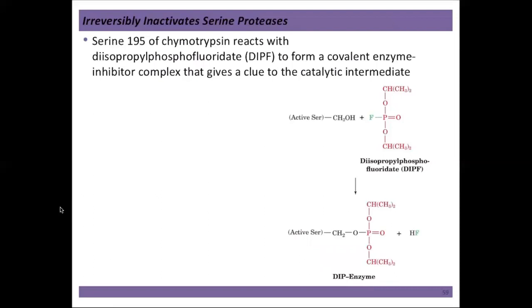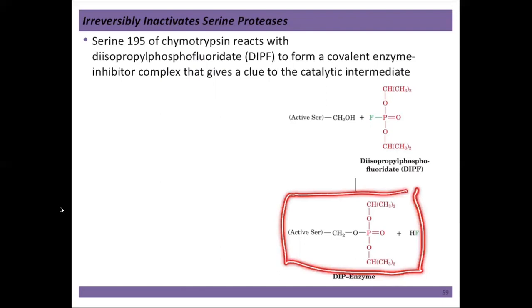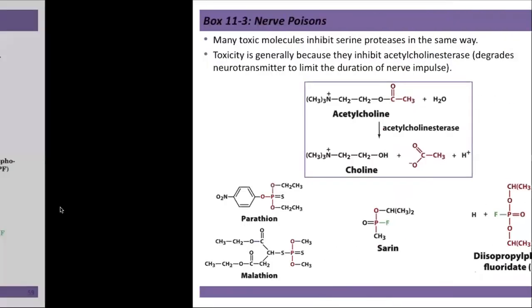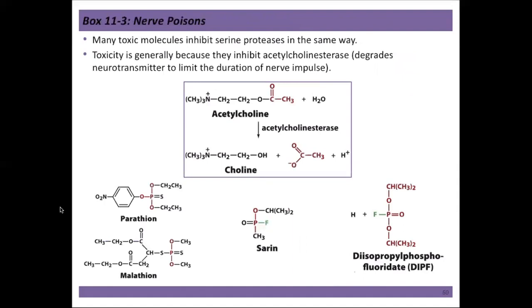If you introduce it into chymotrypsin, it will bind irreversibly, and chymotrypsin doesn't work after that. So now what we refer to is a dead enzyme. That lets you know that serine is important, or at least covalent attachment to that serine shuts down the enzymatic activity.